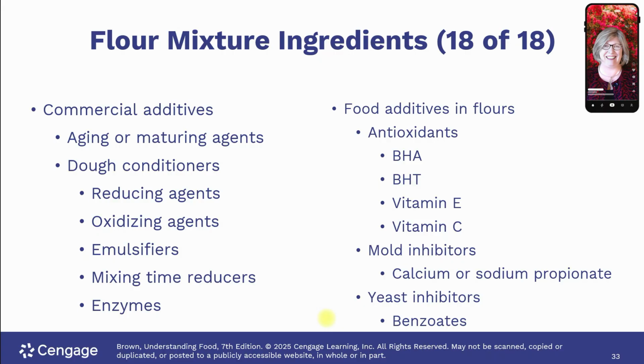In flours, you might see antioxidants added, BHA, BHT, vitamin E, vitamin C. You might see mold inhibitors, calcium or sodium propionate, and yeast inhibitors such as benzoates. It's important to understand what the additives are doing in the flour and in the flour mixture so you understand why it's there, what it is, what it does.